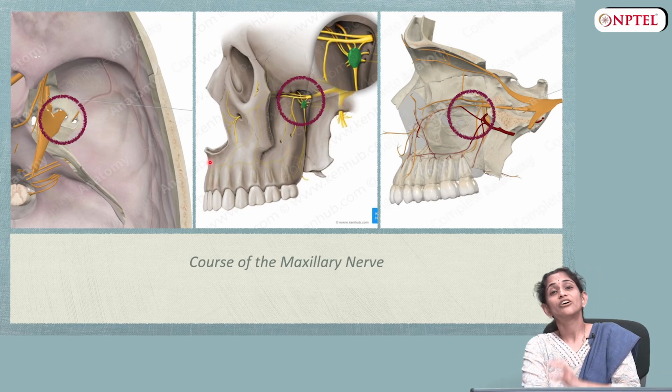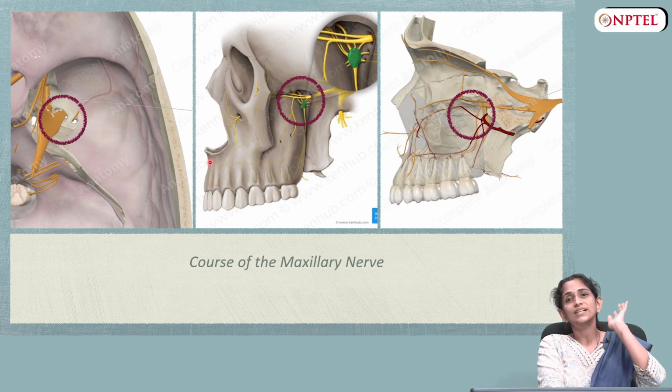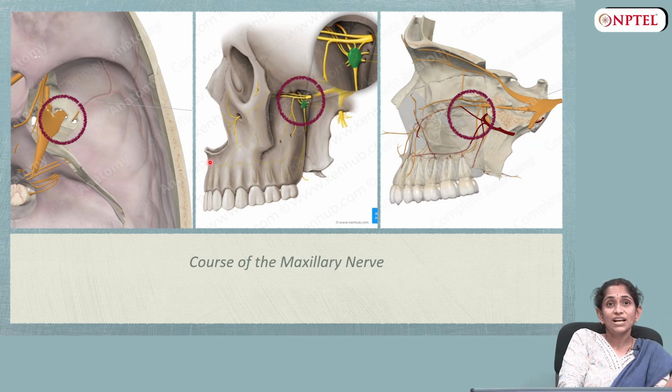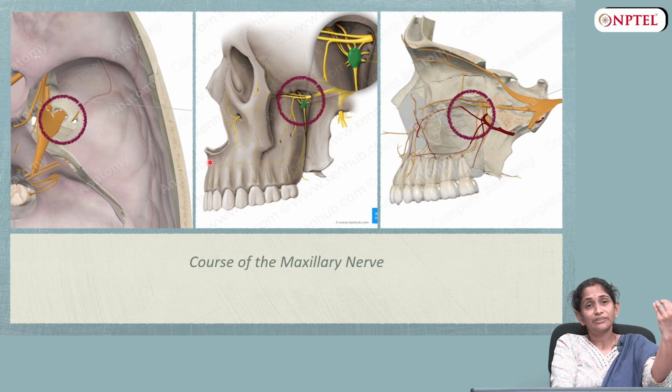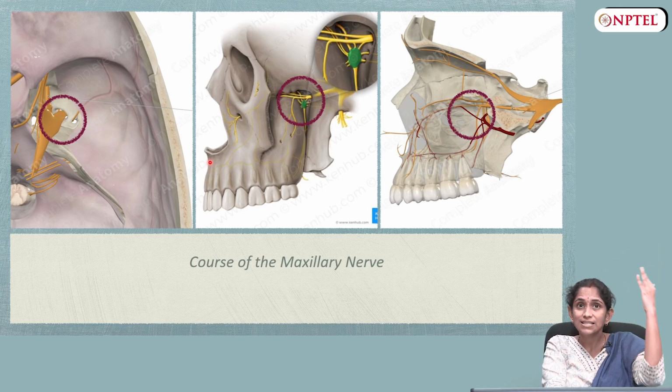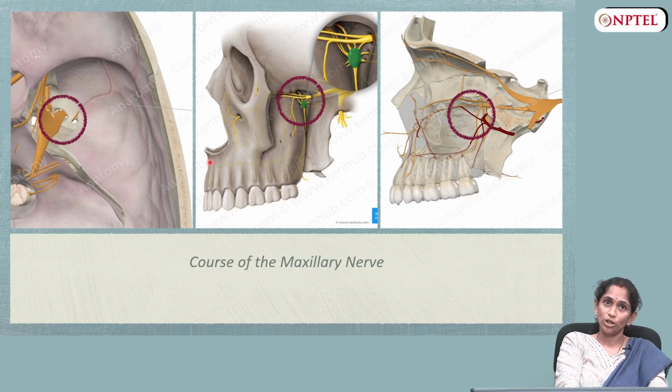And then we have the pharyngeal branches, which supply the pharyngeal mucosa posteriorly. So, these are the branches of the maxillary nerve that pass through the ganglion and supply the mucosa in all these areas.